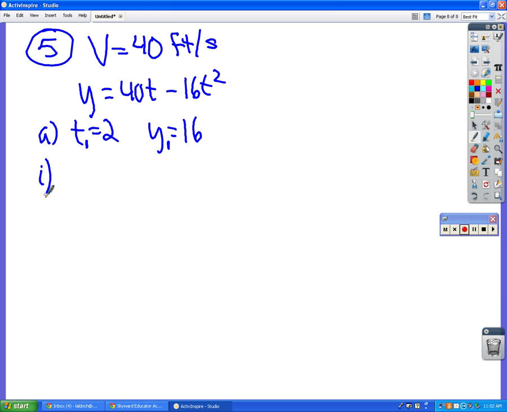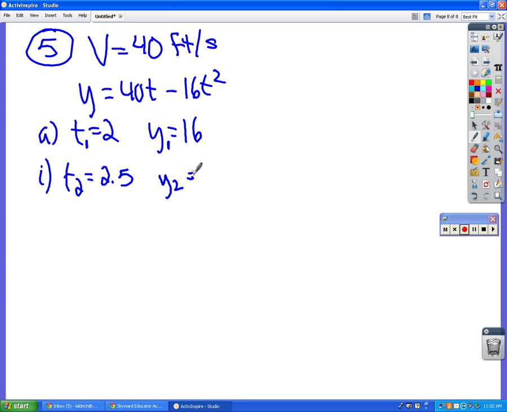If the time period has lasted 0.5 seconds, what is my new time? 2.5, sorry. Okay, so how do I find my second y value? You plug it in, and it equals 0.